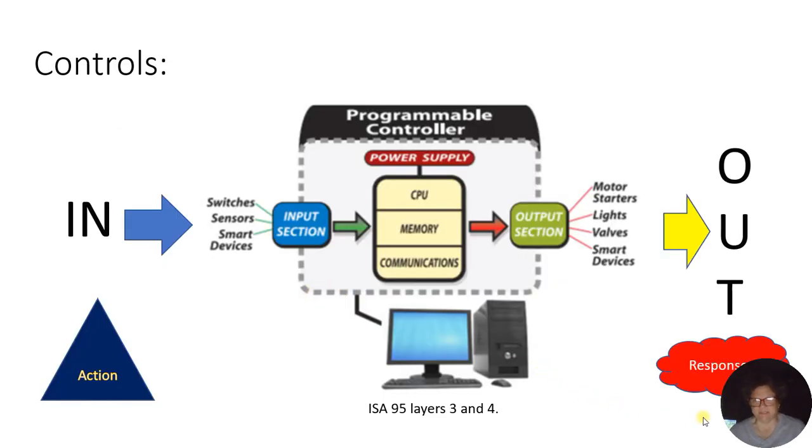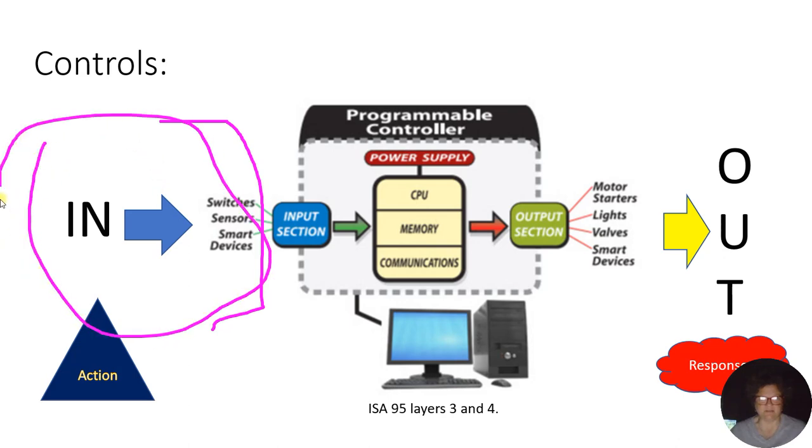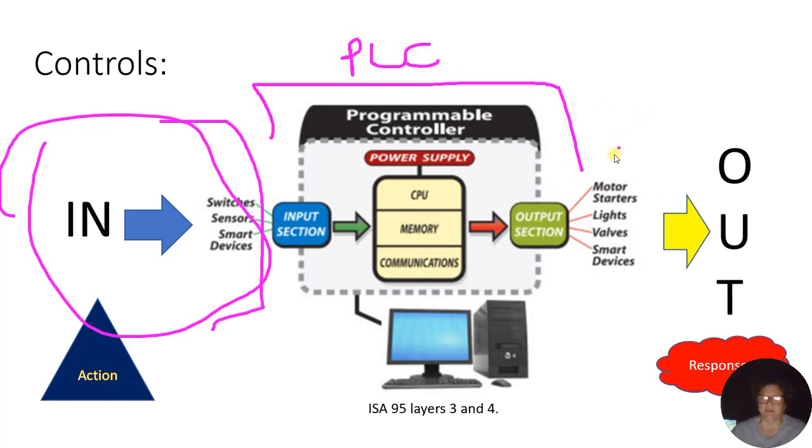Now, controls is looking at everything that's in between, but we also choose the instrumentation and the devices that are inputting into the program for the PLC, and then specifying what we're talking to on the output side.